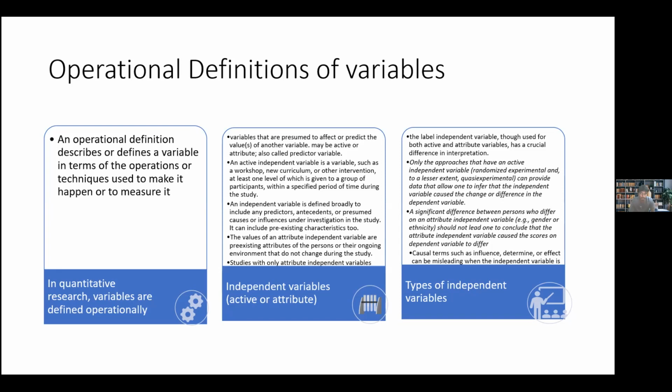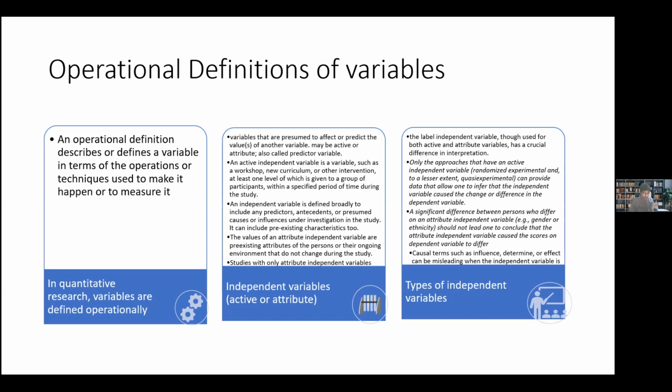For ethical reasons, sometimes active manipulation may not be possible. For example, if you're studying the relationship between cancer stage and quality of life, you cannot change a person's cancer stage and make it worse, or make it lesser, just for the sake of studying it. There, that would be an attribute variable, where you choose people having that particular stage of cancer.